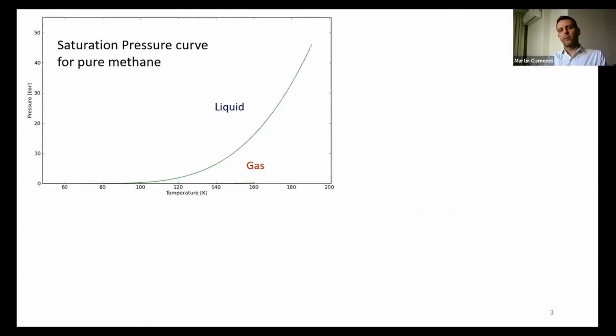So let's start from the simplest of the simple, that I guess most of you are very clear about. This is the saturation pressure curve for pure methane. It separates the liquid state from conditions in which the fluid will be stable as a gas phase. We have the critical point up here.